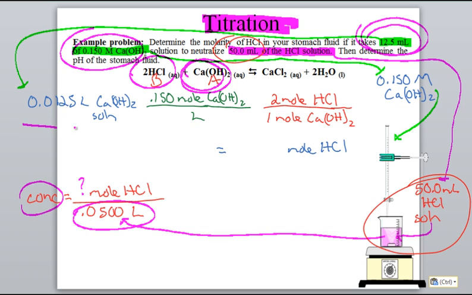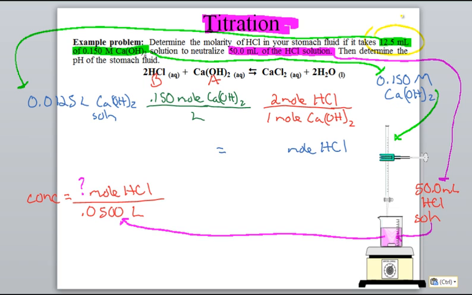So starting with our A volume, the amount of volume that was needed to reach the equivalence point, starting with the 12.5 milliliters, and I'm starting out in liters because our proportion is in liters. At that point, that'll tell us how many moles of calcium hydroxide were added to neutralize all the HCl. And again, for every 1 mole of calcium hydroxide, there were 2 moles of HCl that were neutralized. Liters of calcium hydroxide cancels with liters.